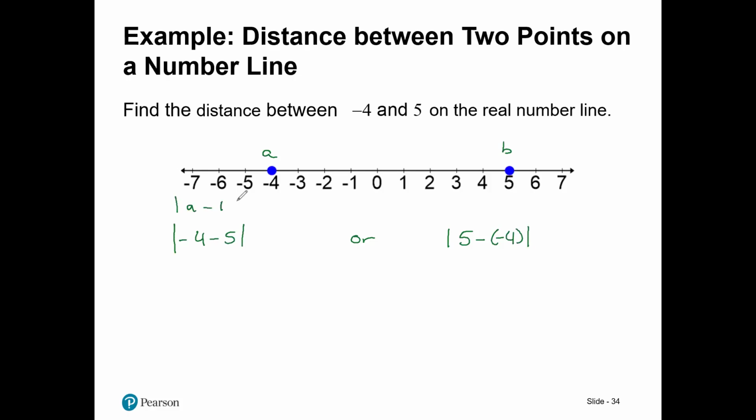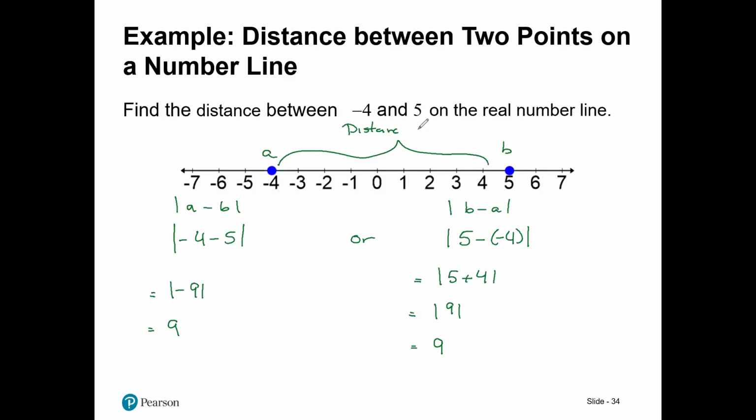So remember A minus B or B minus A, doesn't matter, absolute value is going to make it come out to something positive and the same value. So negative 4 minus 5 is negative 9. The absolute value of negative 9 is 9. 5 minus negative 4, well, that's just 5 plus 4. So we're going to get the absolute value of 9 again, which is going to be 9. Either way, this distance is 9.